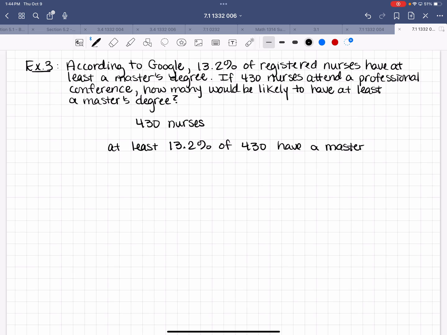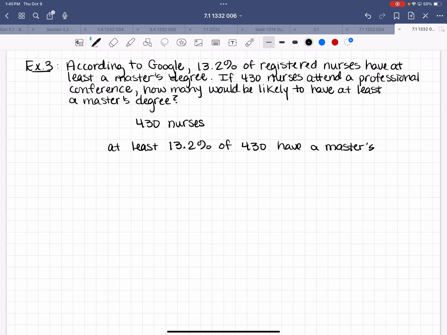Okay, guys, so here's how you've turned everything that's verbal into an actual math statement, okay? So 13.2% of 430 have a master's degree. So we really need to find out how many 13.2% of 430 is, right? That's what we're looking for. Guys, when we use the word of in math, it often means multiply, okay? We used to teach you that a long time ago.